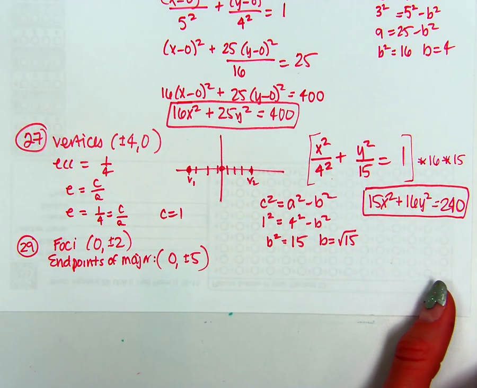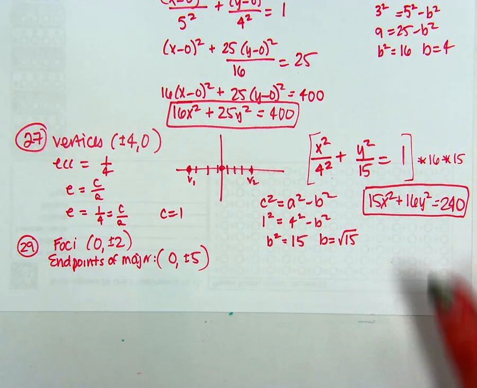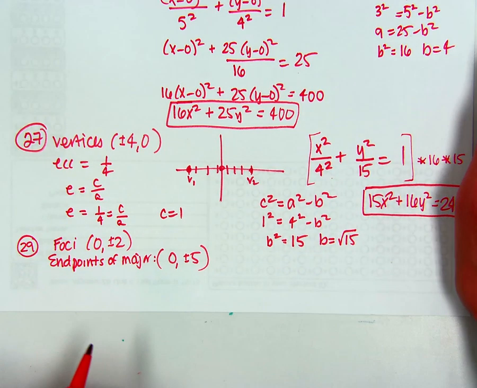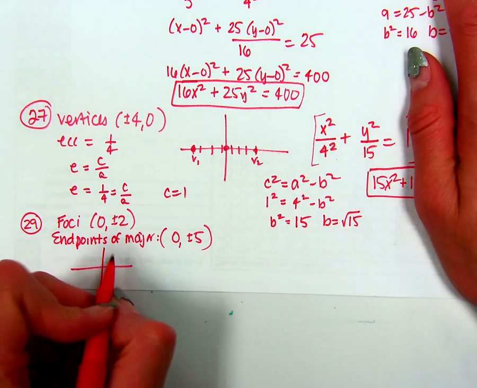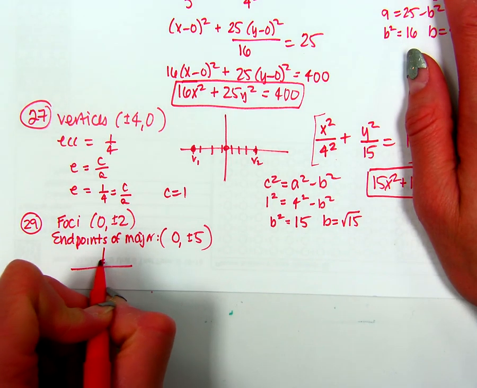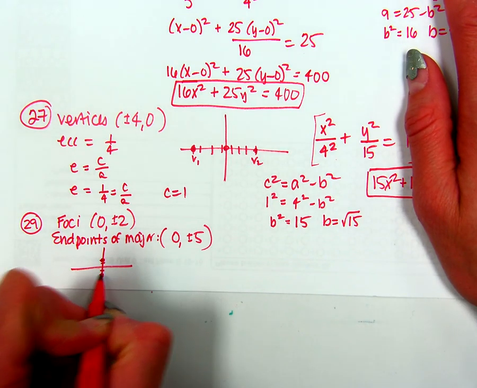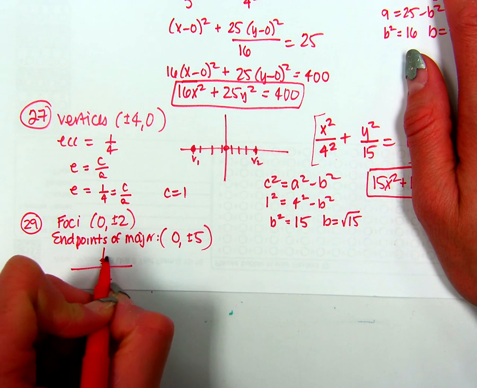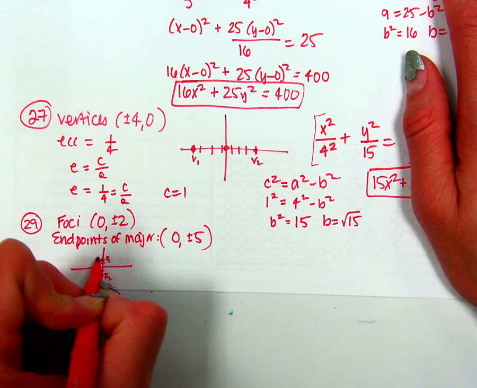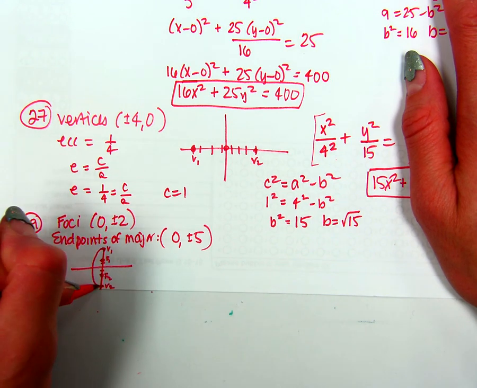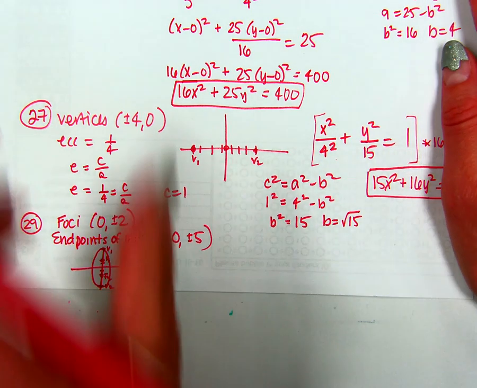So a lot of times for these, I would suggest that you just draw a picture. I know my 0, 2 and 0, negative 2, those are my focal points. And I need to go down 5 and up 5. So my ellipse is going to look elongated vertically.